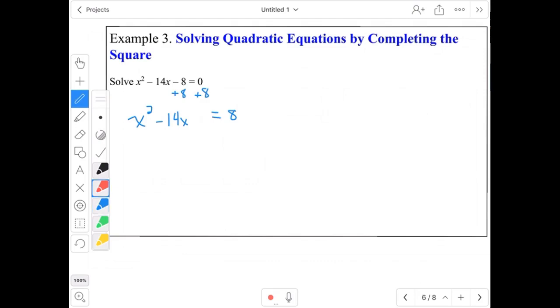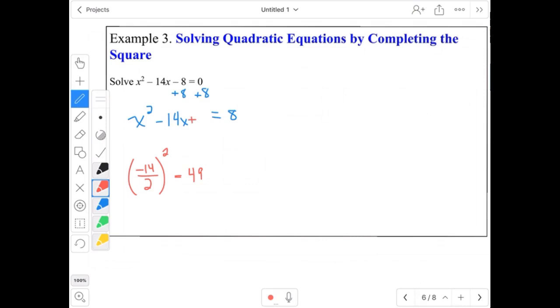Now we need to complete the square. So I'm going to take b, in this case negative 14. One thing about that negative: since we're squaring it, it doesn't really matter if you include it in your completing the square process or not. But that's going to be negative 7 squared, which will be 49.